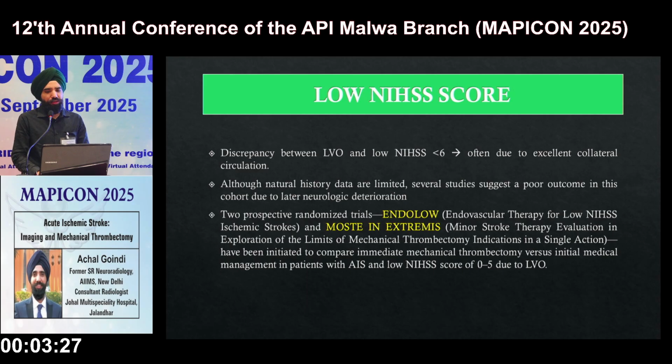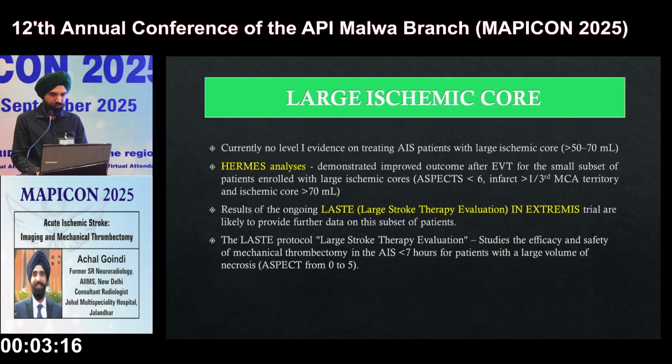Basically, they have good collateral circulation, and again we have very limited work on whether endovascular treatment is beneficial in this subgroup of patients. Again, in large ischemic core, where the core size or the dead tissue is large and there is very little viable tissue, whether to go in for endovascular therapy in such cases or not, that is still a question mark.